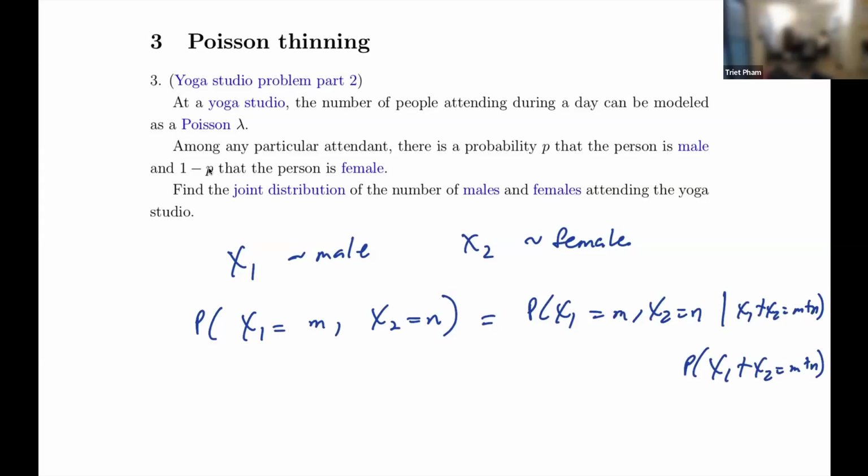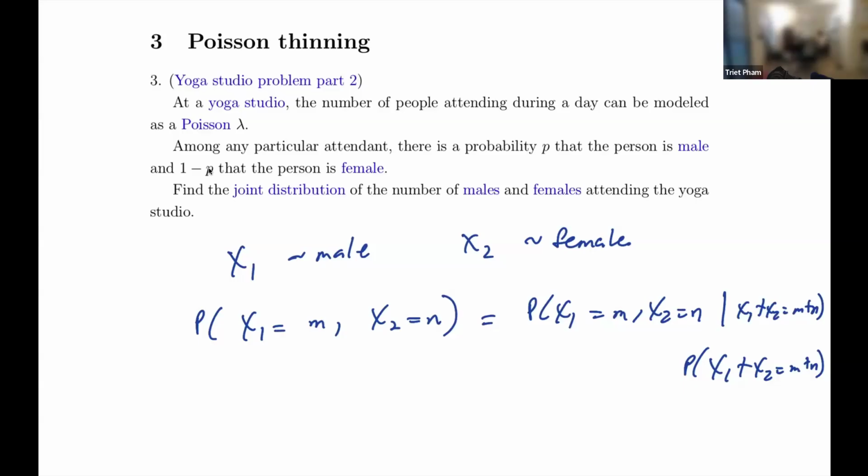All right. Why do we condition? We condition because the problem says each person is male with probability P, female with probability 1 minus P. So that effectively says if you have a fixed number in the group, like m plus n, then the male and the female parts will act like a binomial.